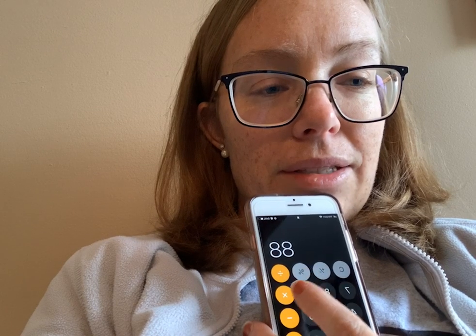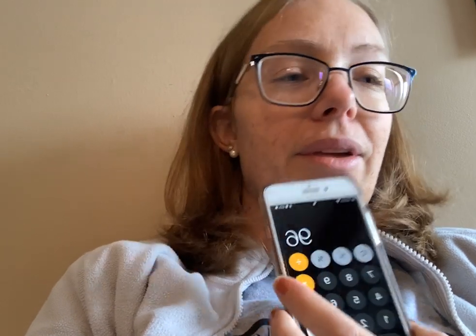I don't know how many 8s I've added. You guys know what I mean. That's why it's really good to use the other kind of calculators so you can see what you've typed in.